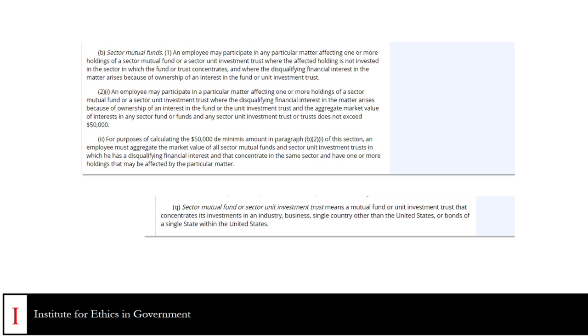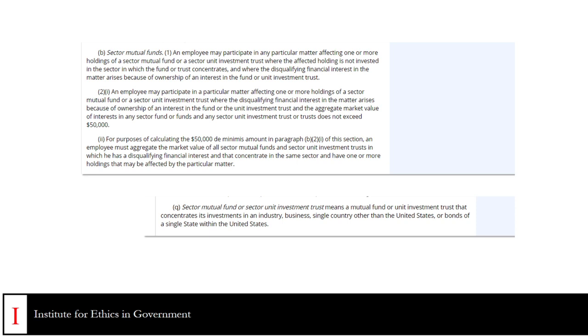But perhaps more importantly, we have an exemption for participation in particular matters affecting one or more holdings of a sector or mutual fund where the disqualifying interest in the matter arises because of ownership, where the aggregate value of funds in the sector does not exceed $50,000. So if this were the only sector fund in the natural gas industry, and the matter was affecting the natural gas industry, we might be able to rely upon the $50,000 de minimis. And when making this determination, we can look at this definition of sector mutual fund or sector unit investment trust.